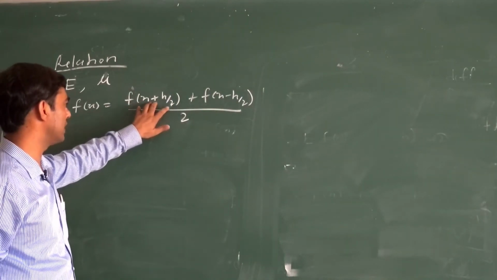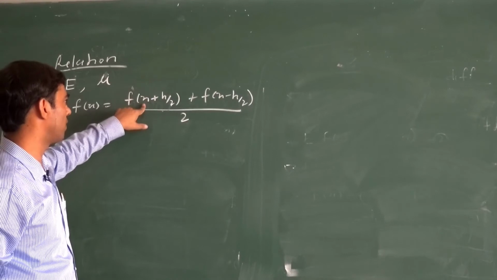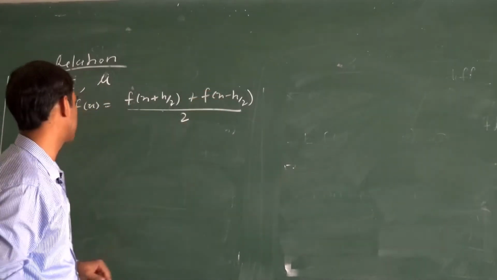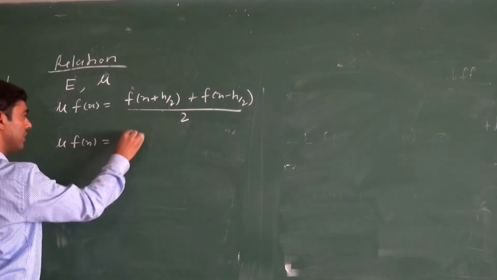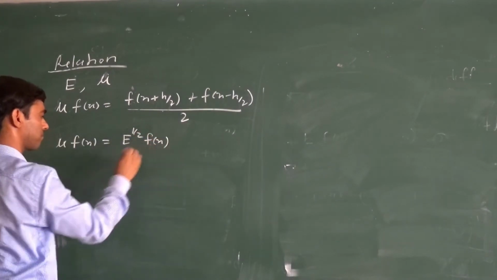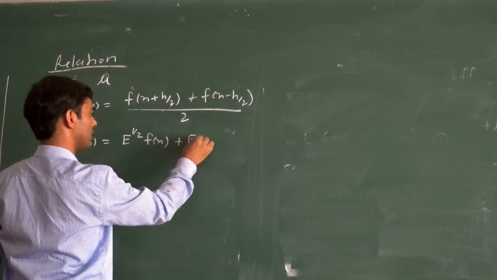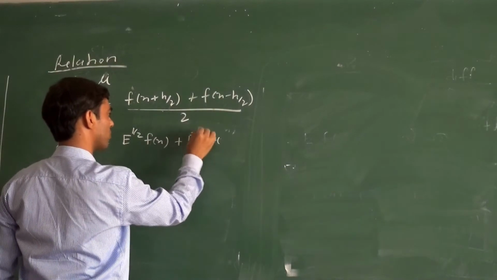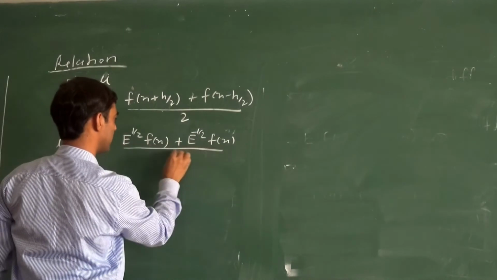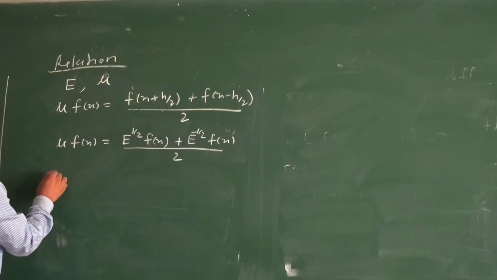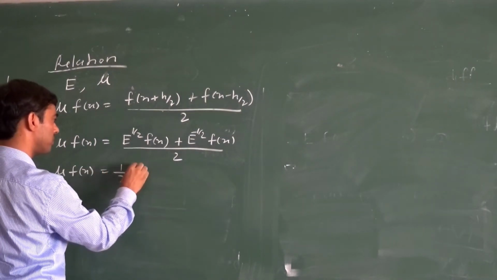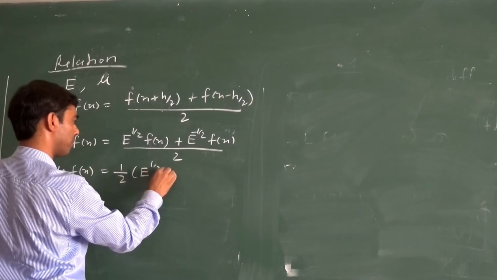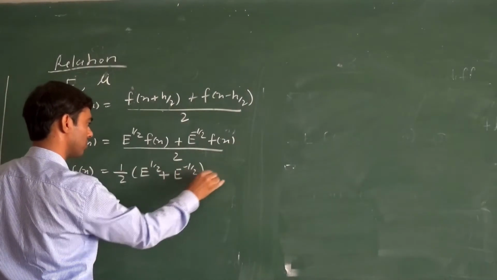In terms of the shift operator, this one is E to the power 1 by 2 of f(x), and this one is E to the power minus 1 by 2 of f(x). So mu f(x) equals E to the power 1 by 2 of f(x) plus E to the power minus 1 by 2 of f(x), divided by 2. If we write it in terms of only the shift operator, then mu f(x) equals 1 by 2 times E to the power 1 by 2 plus E to the power minus 1 by 2, of f(x).